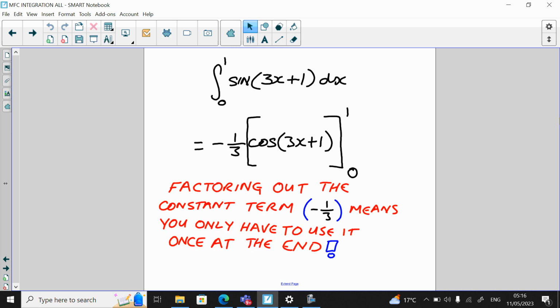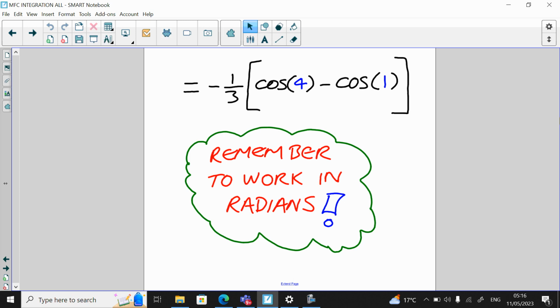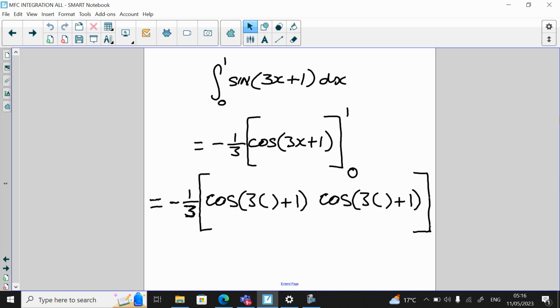I'm just factoring out that negative third, or whatever the number is if we have one. So here we go. The negative third is out the front, so it's only the cos part. It'll be the cos minus cos. Yep. Okay.